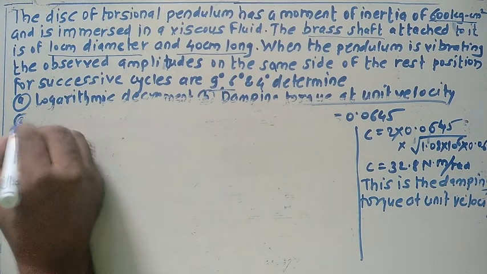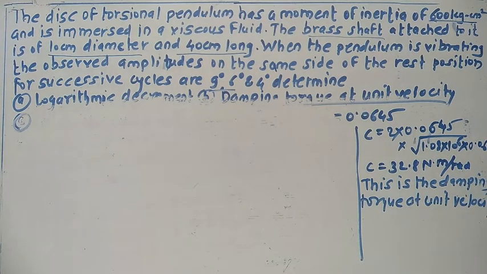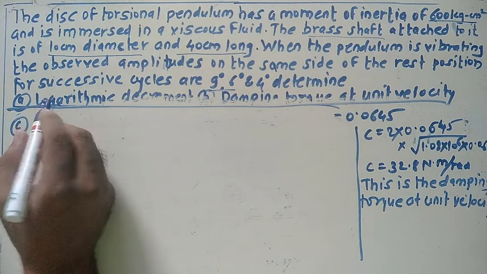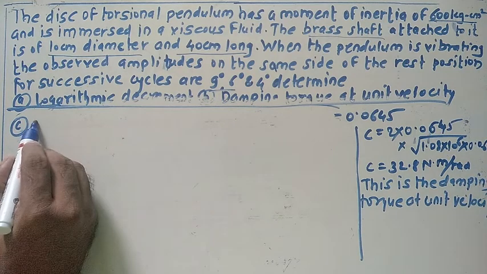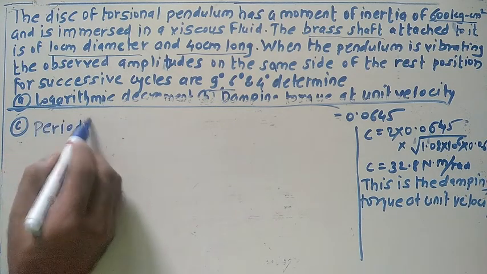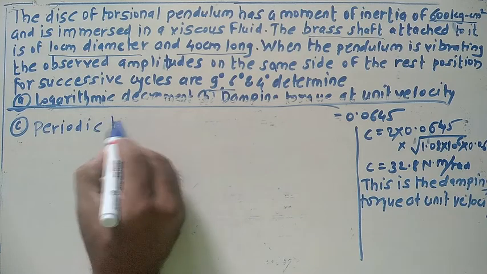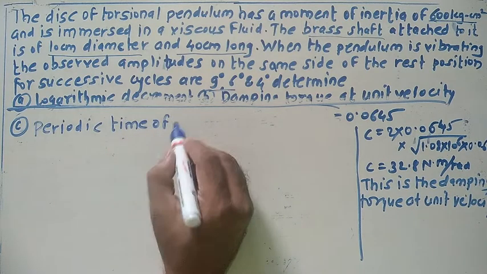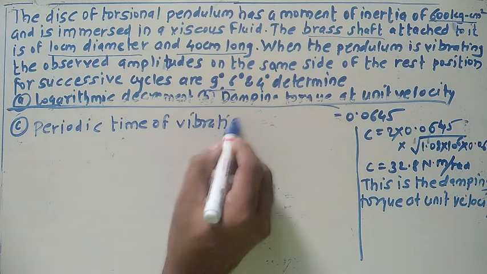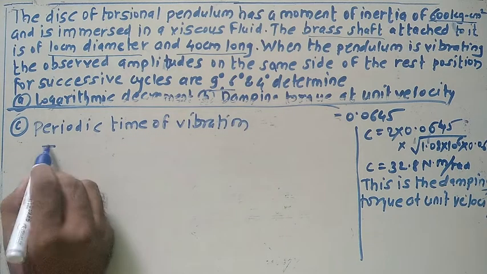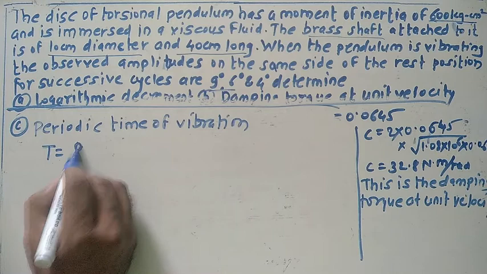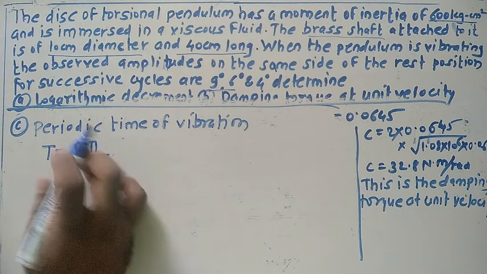The third point is the periodic time of vibration: T equals 2 pi divided by omega d.